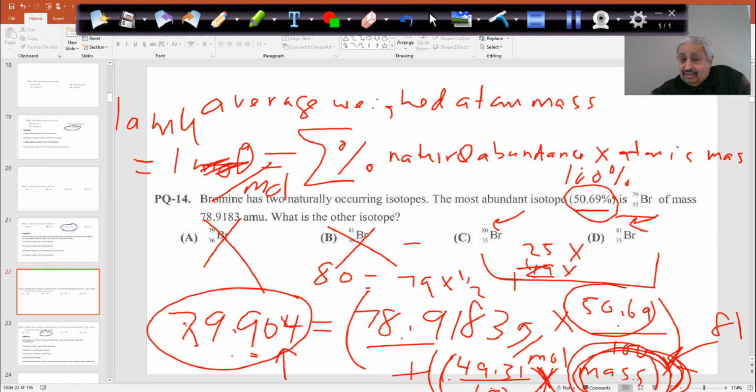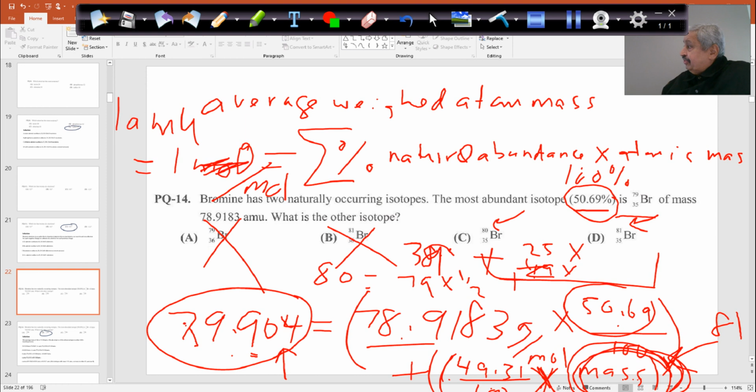This is 90, this is 3.5, that's 39. X plus 25x. 80 minus 39 over 25. So it will be what? 80 minus 39 divided by 25 will give you the answer. I don't want you to spend time doing the calculation, but that's the way you set it up.